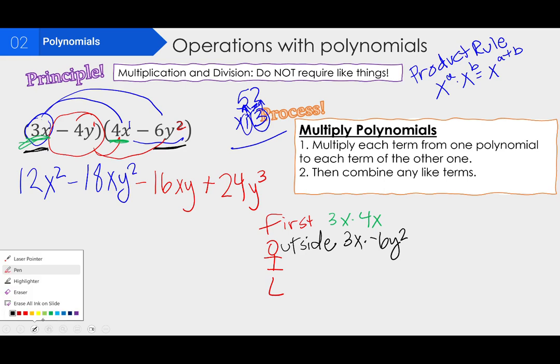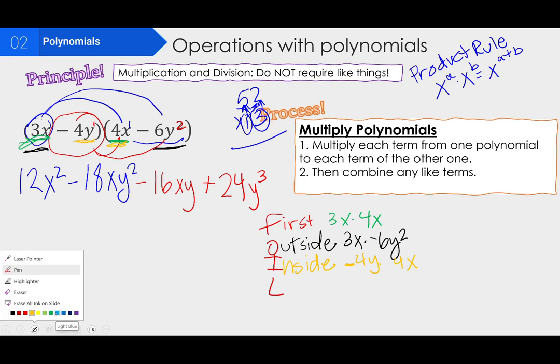I'm going to run out of colors pretty soon. Let's do orange. Inside is our next one. Those were the two next to each other in the inside of the parentheses, negative 4y times 4x. And that gave me negative 16xy.